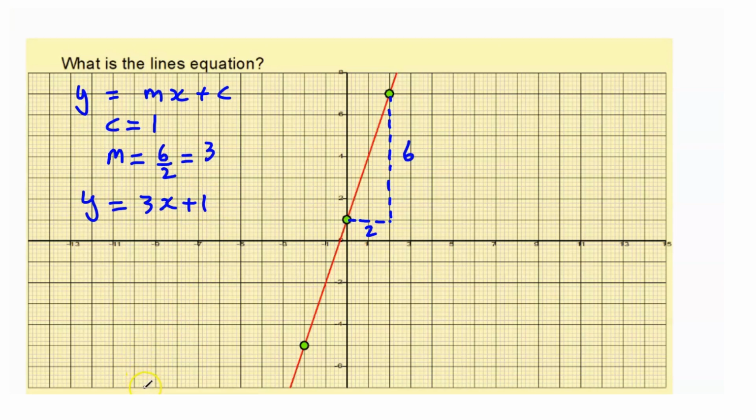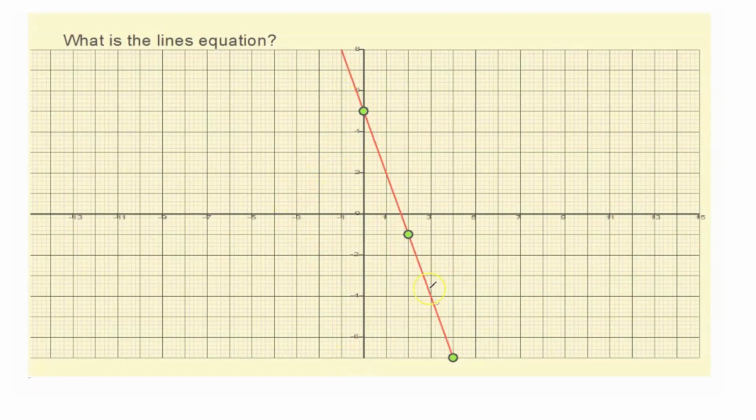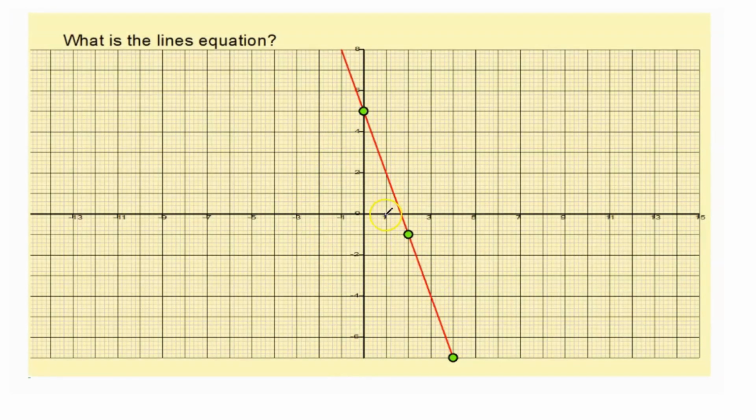Let's examine another question. Here you are given a line drawn in a graph, and you're asked to write the equation of the line. Now the general equation of a straight line is y equals mx plus c. M here is the gradient of the line and c is the y-intercept.